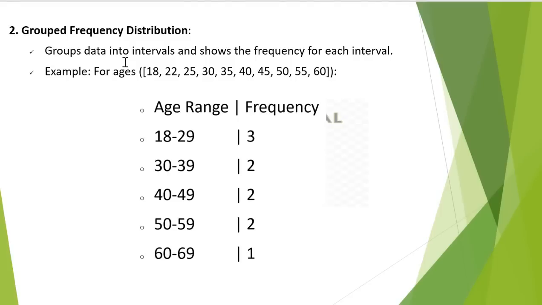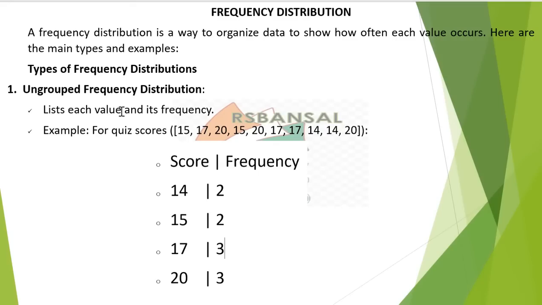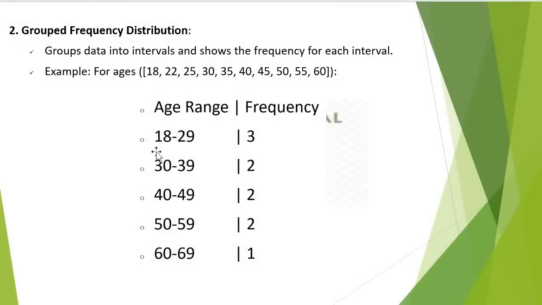So it groups data into intervals. There was only a single value; here it is a range. Let us suppose we have the ages of some persons: 18, 22, 25, 30, 35, 40, 45, 50, 55, 60. So from 18 to 29 you have 3 persons.